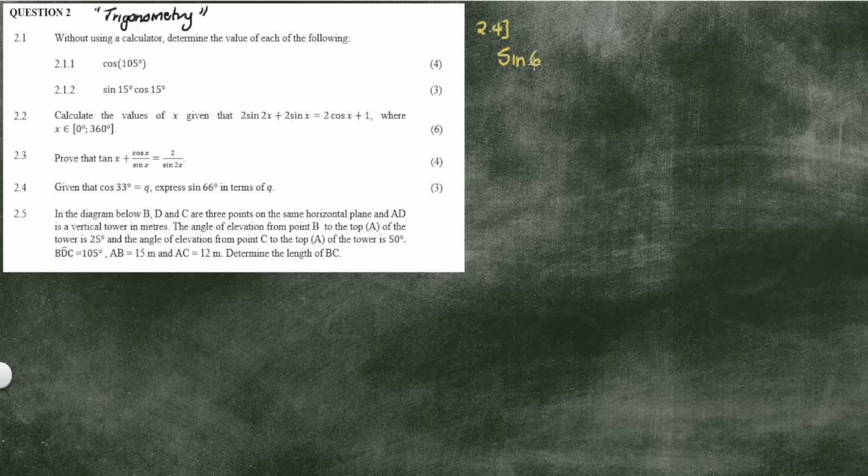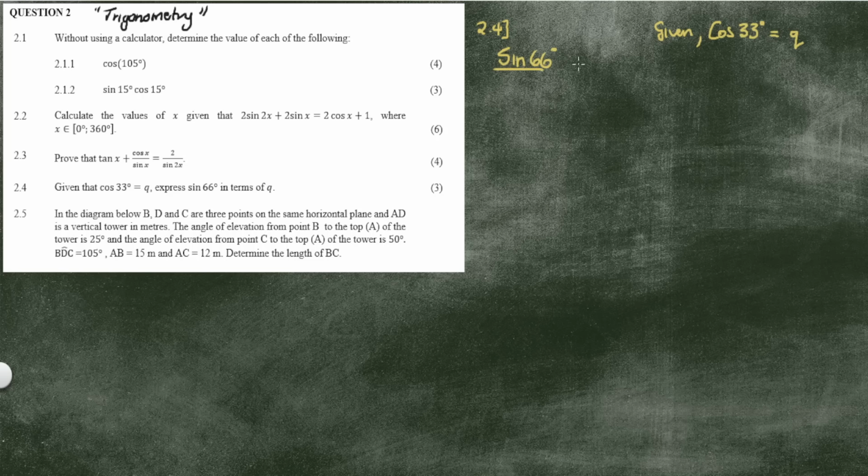I'm given sine 66 degrees, given that cos 33 degrees is equal to q. I'm given that cos 33 is equal to q. Express sine 66 in terms of q.